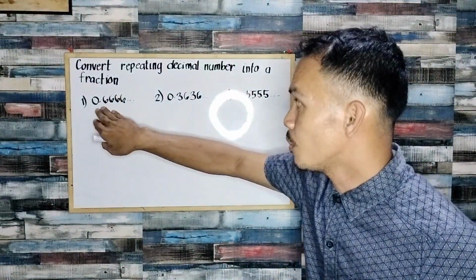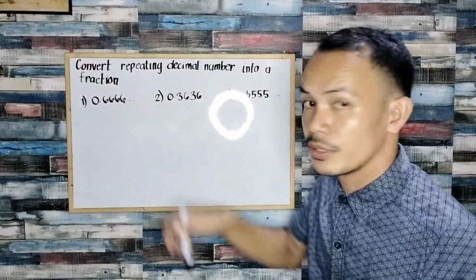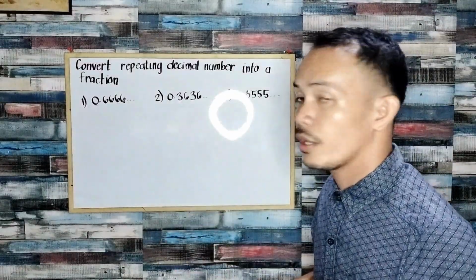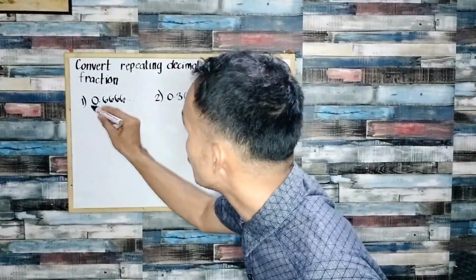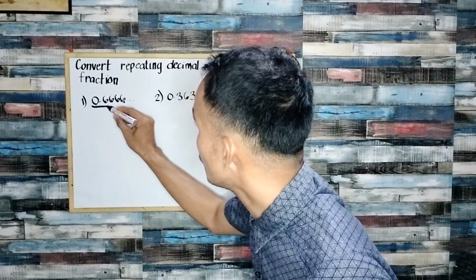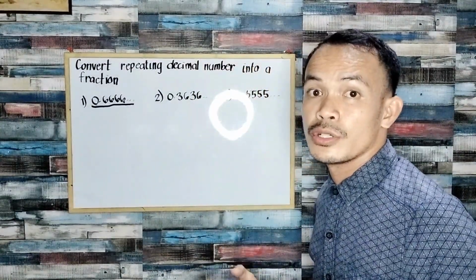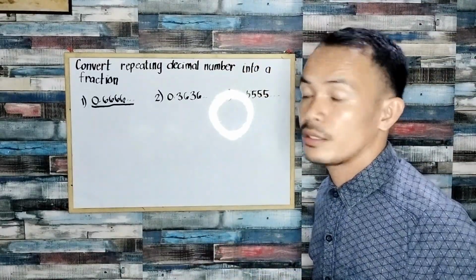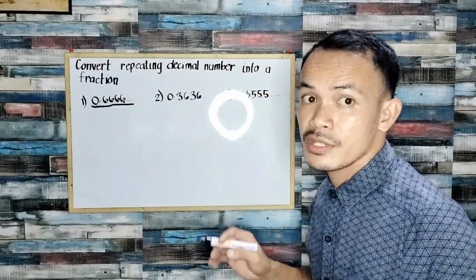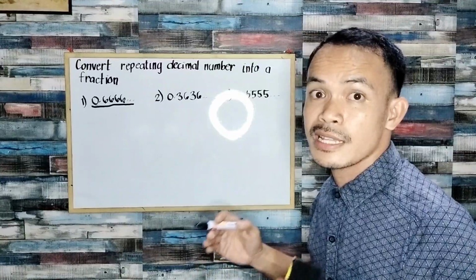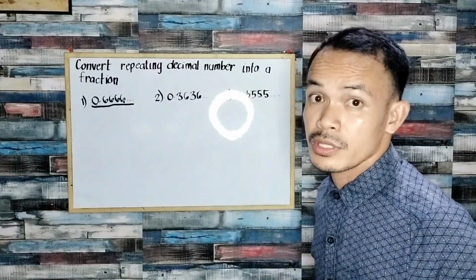As you can see here, we have 4-digit decimal number. So what we're gonna do here is we have to put a value in the denominator, right? As I said, we will not use a power of 10 here because the value, which is 0.666, is not exact. It is approaching to 7.